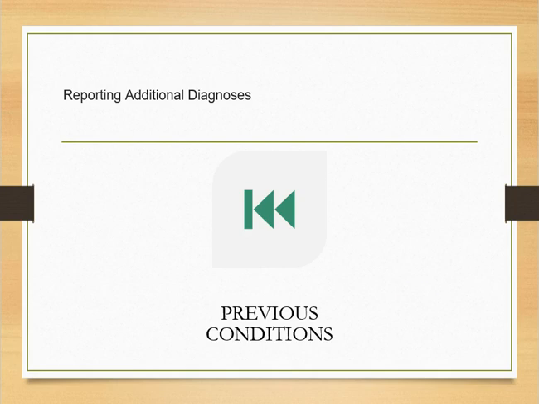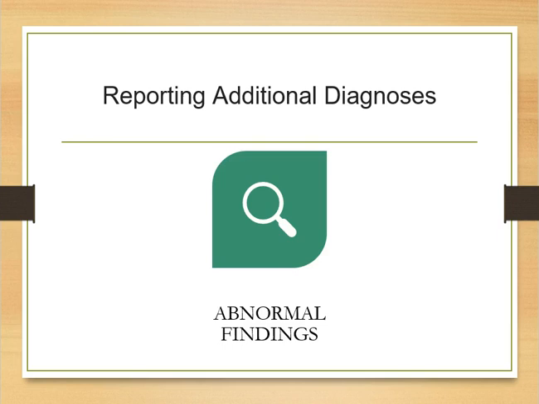All right, next up, we're going to look at abnormal findings. As it relates to abnormal findings, we're really looking at codes that fall under the range, for example, R70 through R97. And so those are non-specific abnormal laboratory findings.